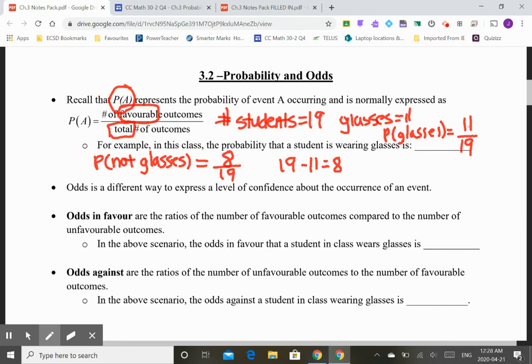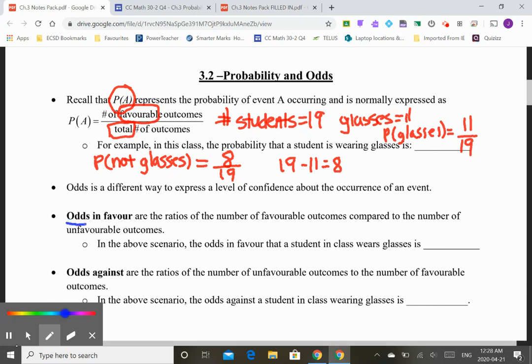Let's talk about odds. Odds is a different way to express a level of confidence about the occurrence of an event. Odds also calculates the chance of an event occurring, but it uses different values and it expresses those values in a different way. We have two kinds of odds.